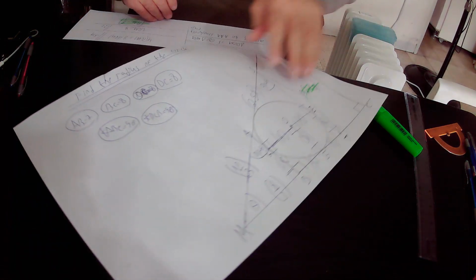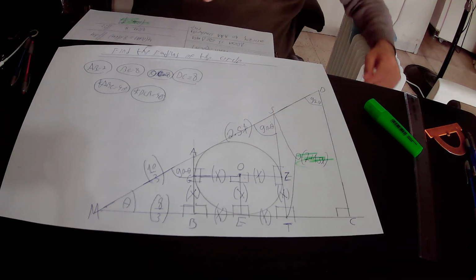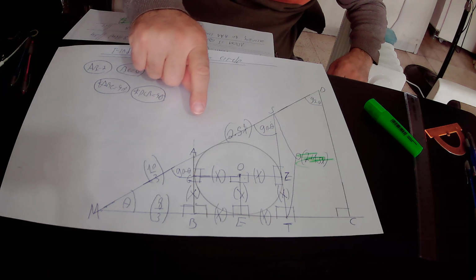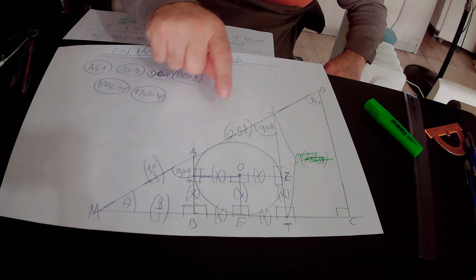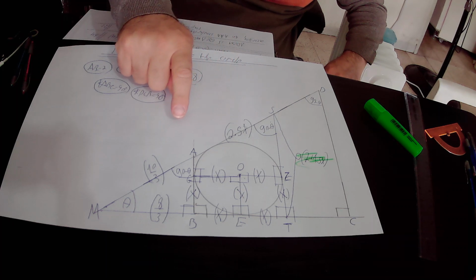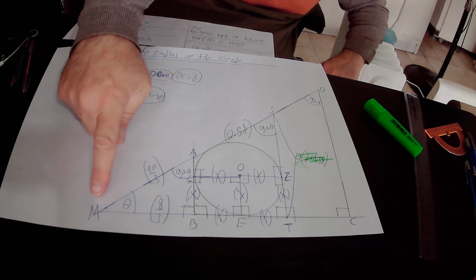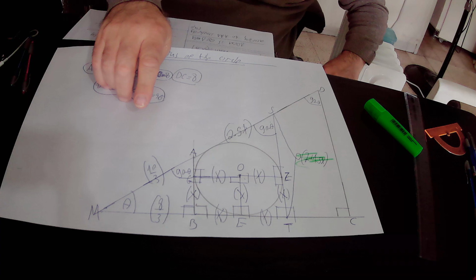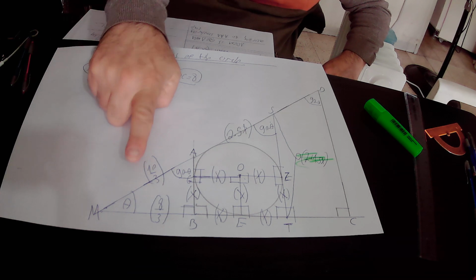So, in the first step, we did a construction: we extended side DA and side CB of this quadrilateral by a straight line until they touch each other. We define their touching point as M. Then we define this angle as theta.